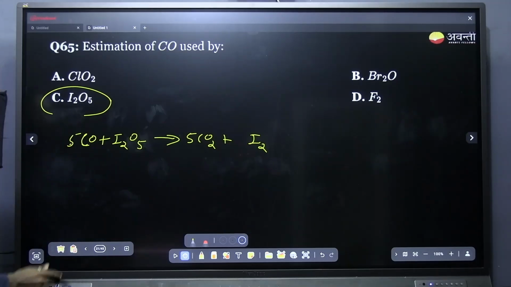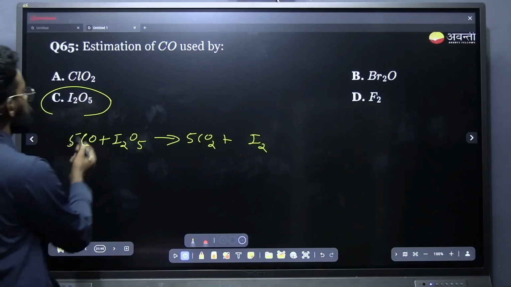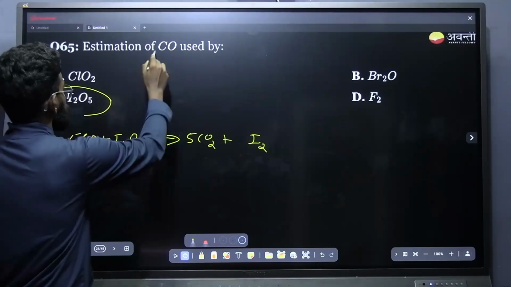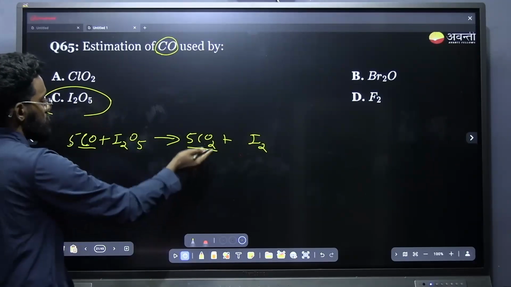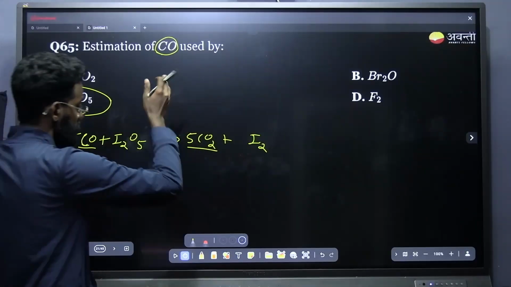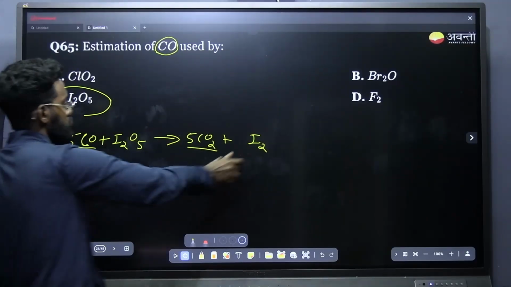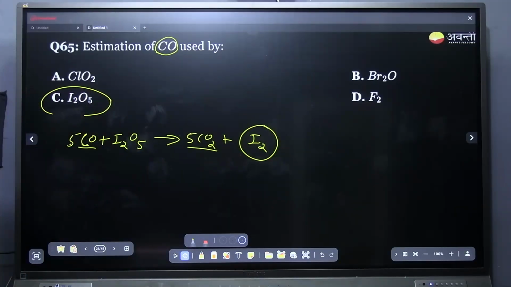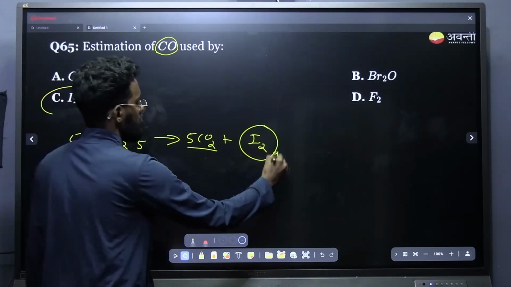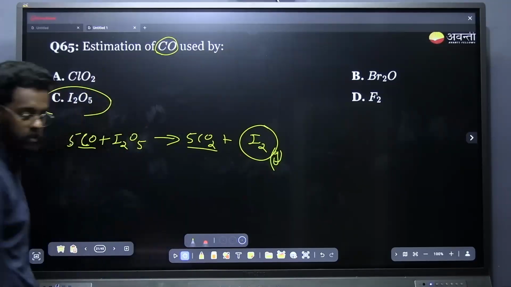This is the complete equation used for the oxidation of CO. CO will be converted to CO2 gas, and the liberated I2 will be determined by using iodometric titration.